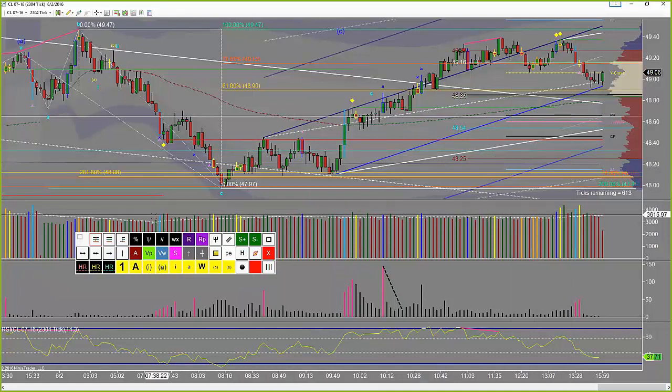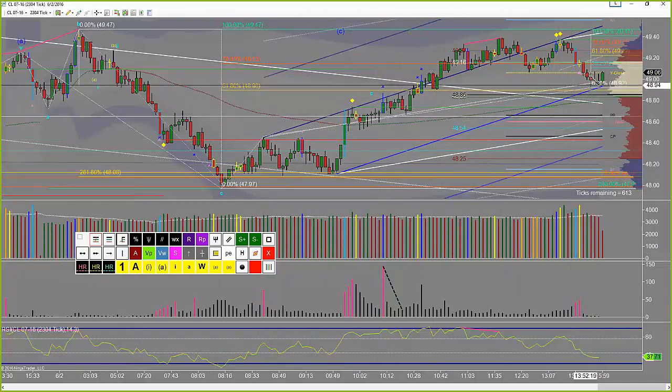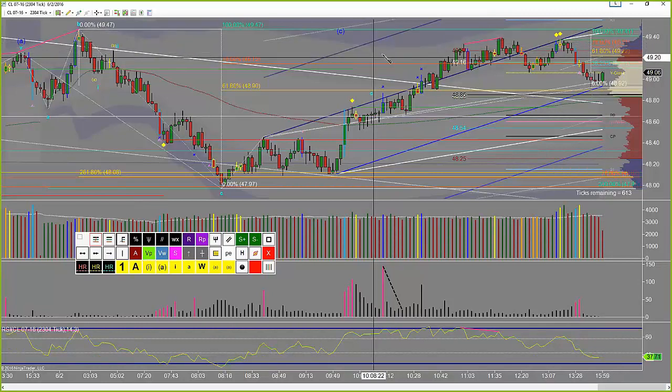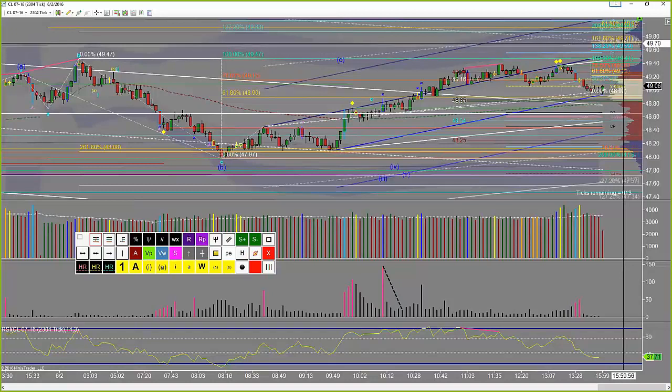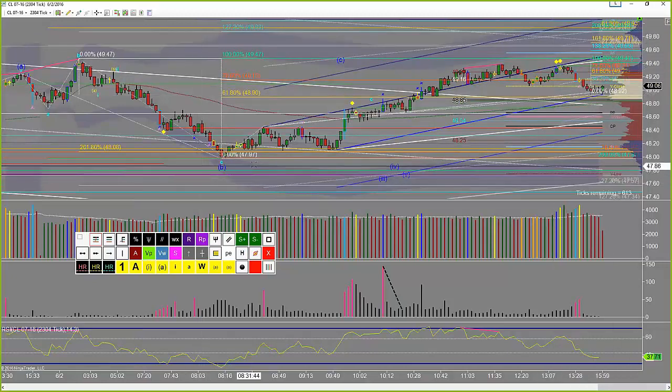So we're looking for something similar in size and scope, maybe 161.8 of this, or even 100%. I would think it would go above 47. So we'd be looking for 161.8, maybe up to 49.71, 49.90 as a fifth wave to complete this big C wave.